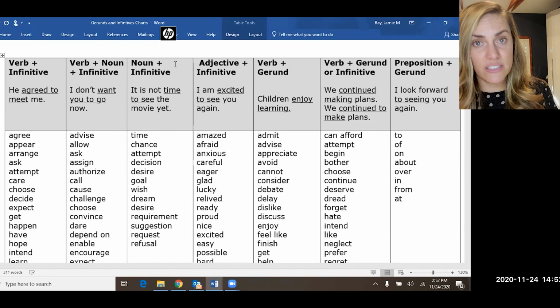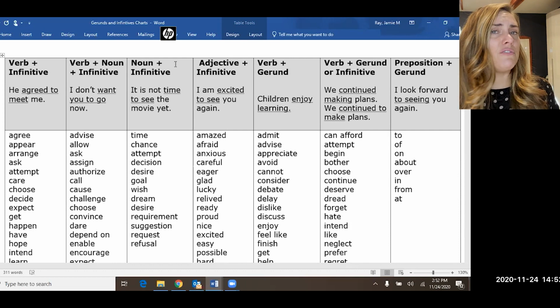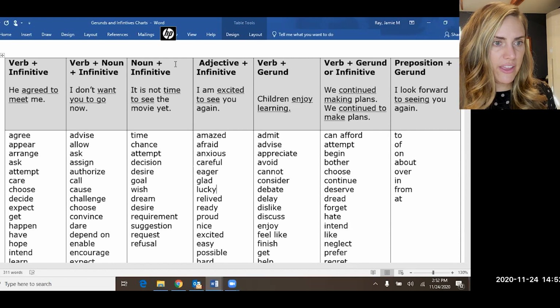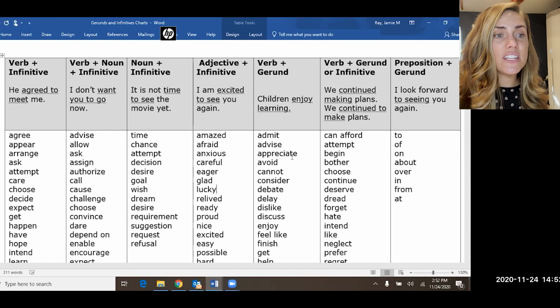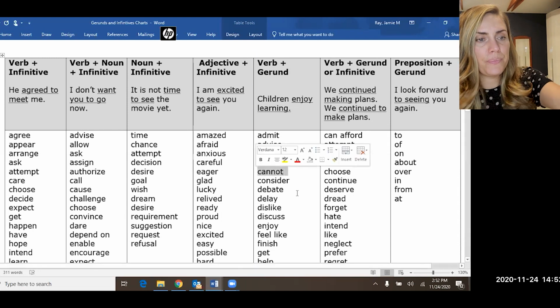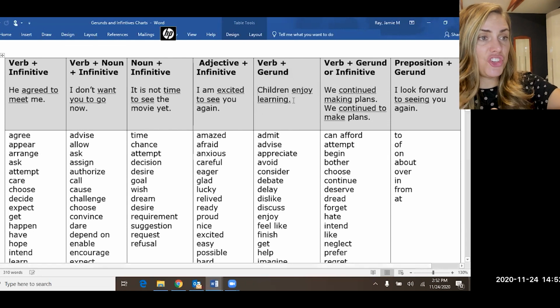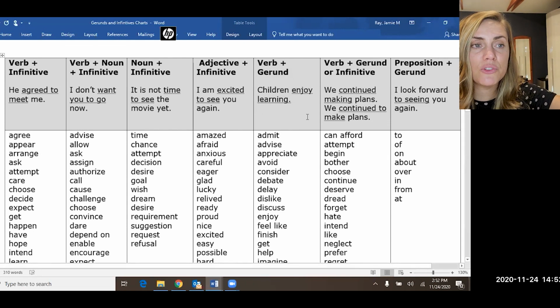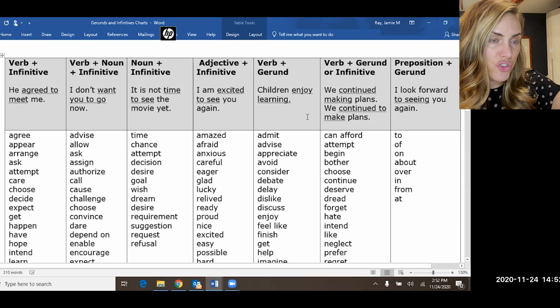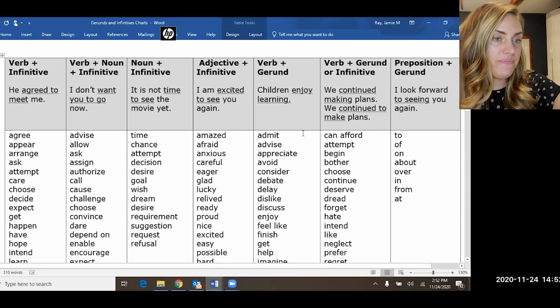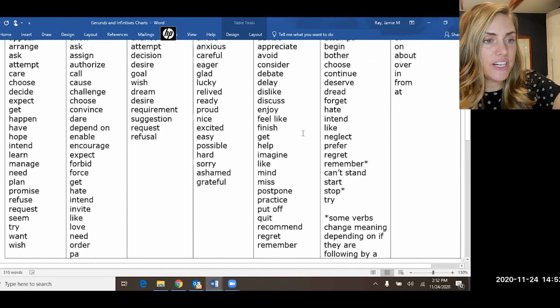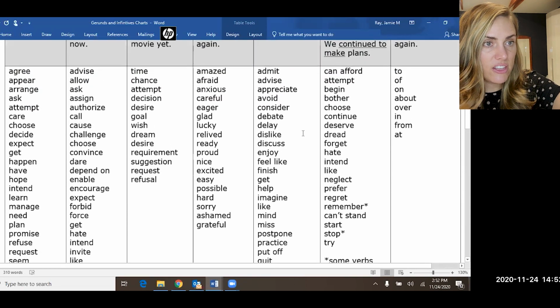I advise studying hard. I appreciate working hard. I avoid staying up too late, right? So this is a list of verbs that take gerunds. So just like in the example, children enjoy learning. Enjoy is a verb that takes a gerund. Okay, so you can study this list here and look at it as well.